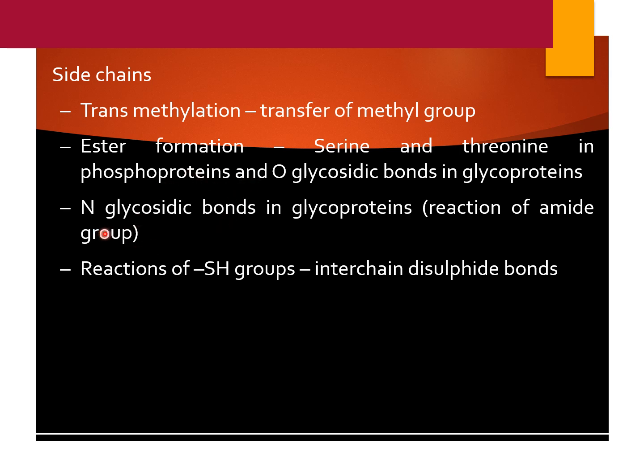Then N-glycosidic bonds in glycoproteins, and reactions of the amide group, which are given by asparagine and glutamine because they have the amide group in the side chain. Then reactions of thiol groups, which are present in the cysteine side chain and are important for the stability of higher levels of protein organization via forming interchain or intrachain disulfide bonds.